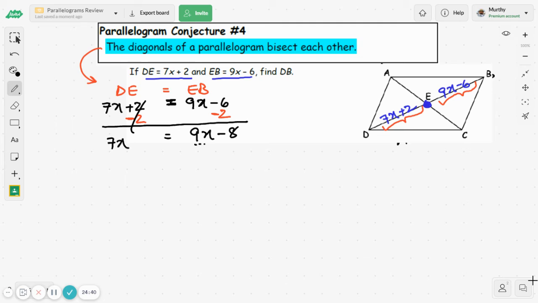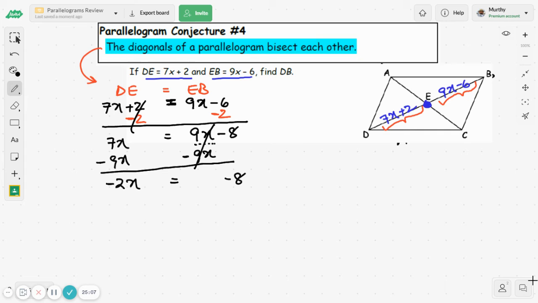To figure out the variable, this 9x is to be eliminated, so the inverse operation is subtracting 9x. 7x take away 9x gives me negative 2x.